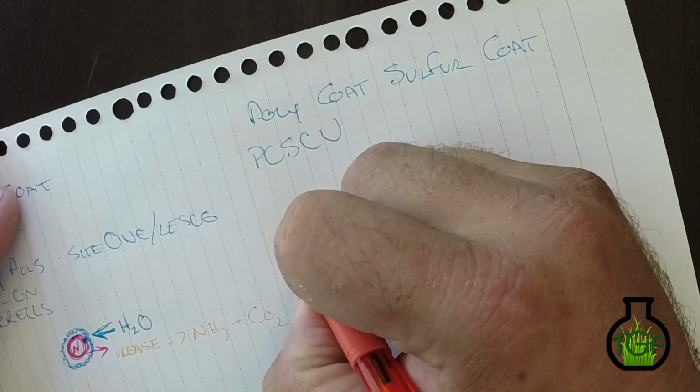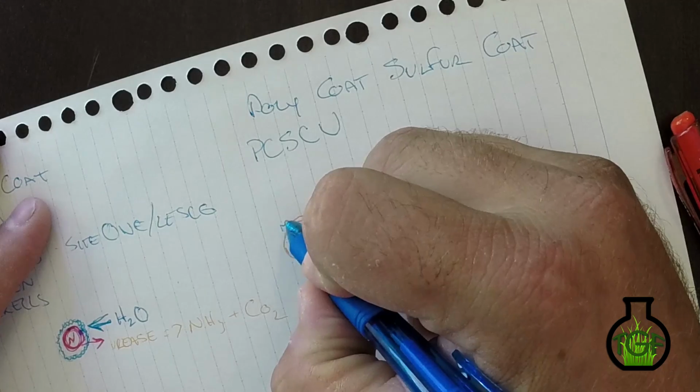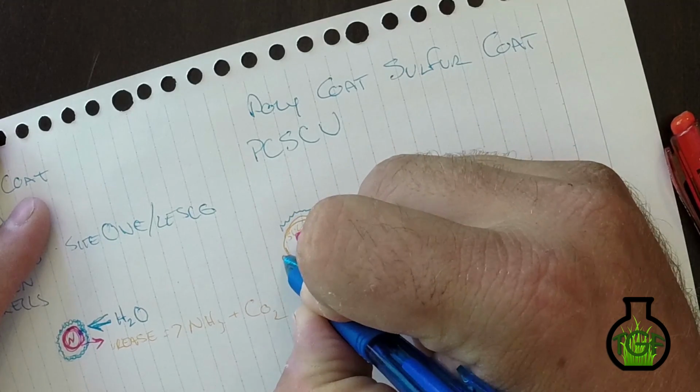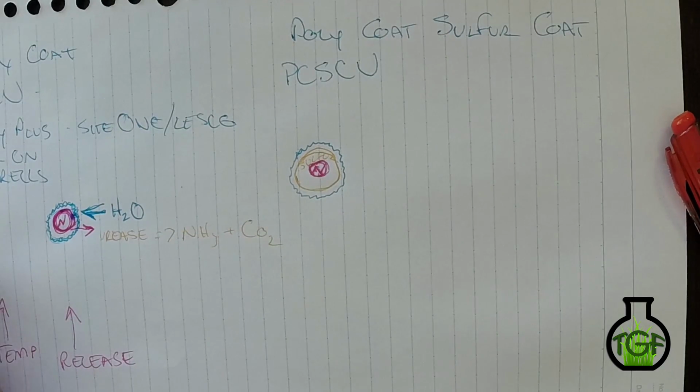This will be sulfur. And then on top of that sulfur, you will also have a polymer coat. And so basically this is going to be double duty as far as providing insurance to the release.